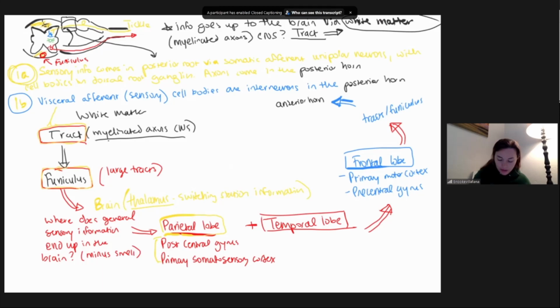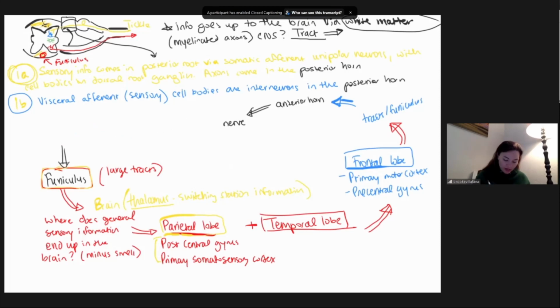And then it's going to send that out through the nerve. So that's the journey up to the brain and down story. But I'm going to erase this and keep going to talk more about the next little step.